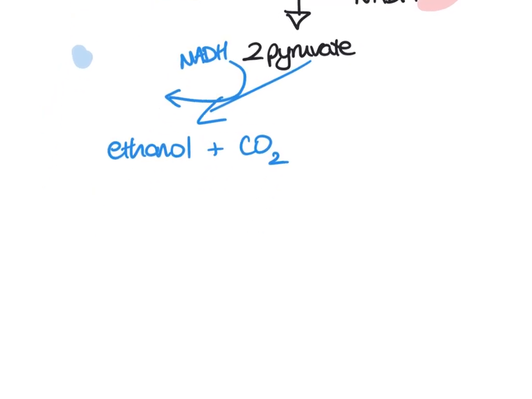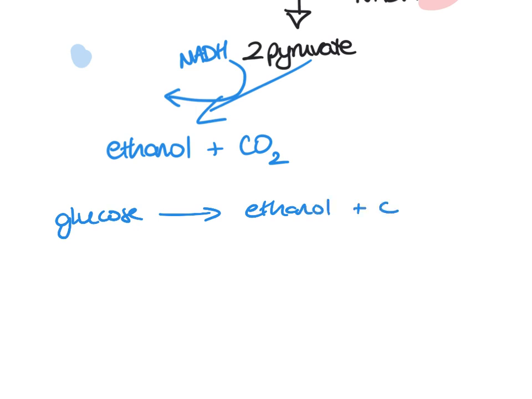So you would have learnt the word equation. Glucose gives you ethanol, carbon dioxide, and a small amount of energy. You would have learnt that at GCSE.